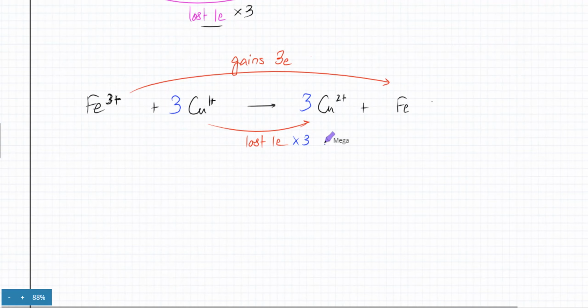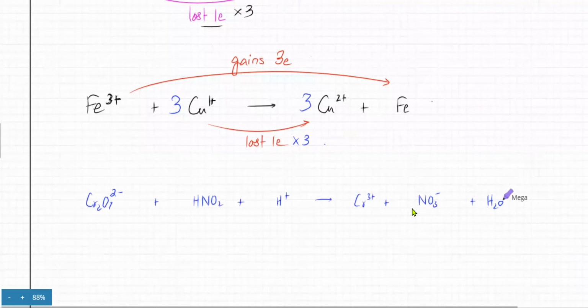So I've got Cr2O7 2 minus, and it's reacting with HNO2, and there are H plus ions in it as well, and it's forming Cr3 plus, NO3 minus, plus there is H2O. So here's your equation, and you have to balance this.